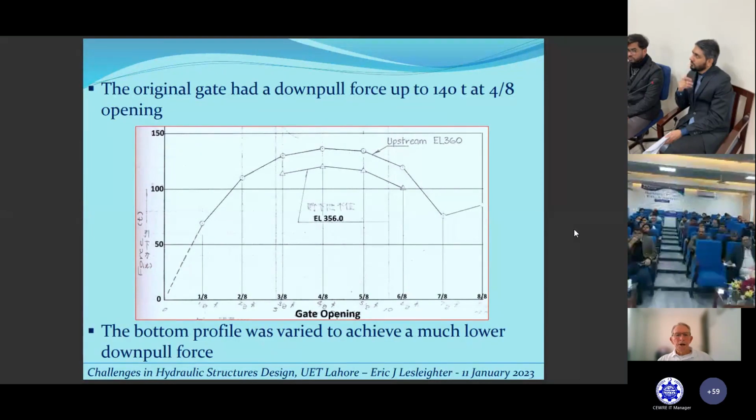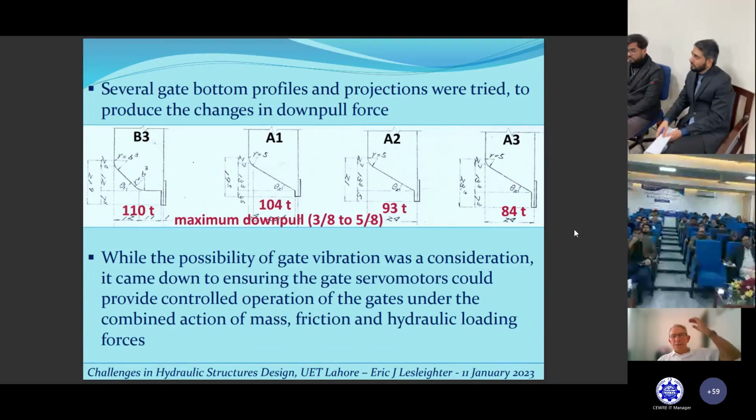In Australia, the Dartmouth low-level outlet works. The design of these gates was under heads up to 170 metres. As you can imagine, cavitation was a major issue. The gate mass was considerable, so we could not have a knife edge at the bottom of the gate, so we have an 80mm wide gate lip so that the gate, with its great mass, would be seated on a stainless steel pad at the bottom without cutting into it.